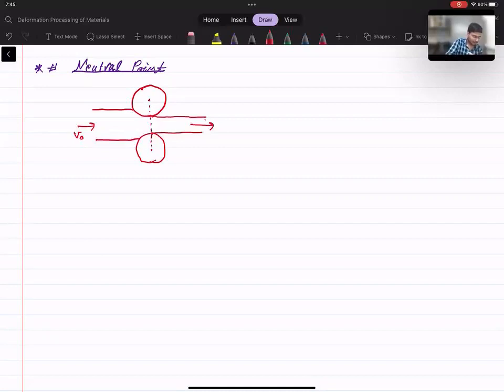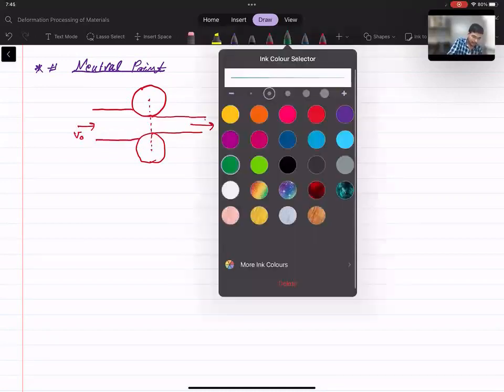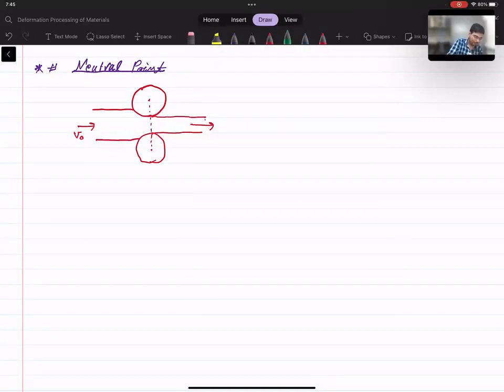I had told you we'll call these 3 points A, B, and C. And let us say the velocity of roll be VR.